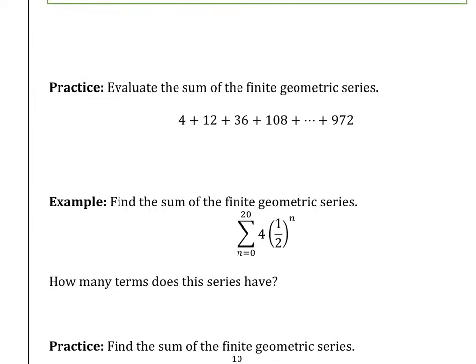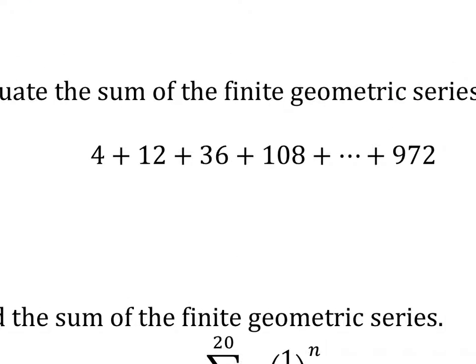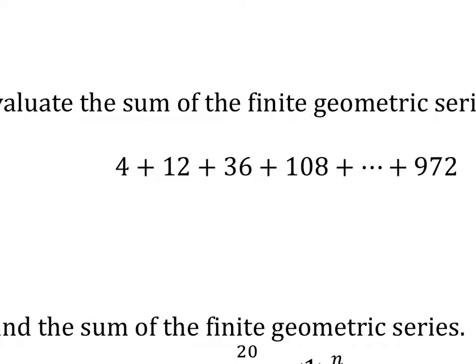Okay, evaluate. So let's go ahead and have you practice this one. Again, find out how many term numbers there are by using the explicit formula. And then because this is a geometric series, you want to use the geometric sum. Okay, so we know that this is a geometric series, so we want to write a geometric formula. So explicit formula, 4 times, this r is 3, so 3 to the n minus 1.